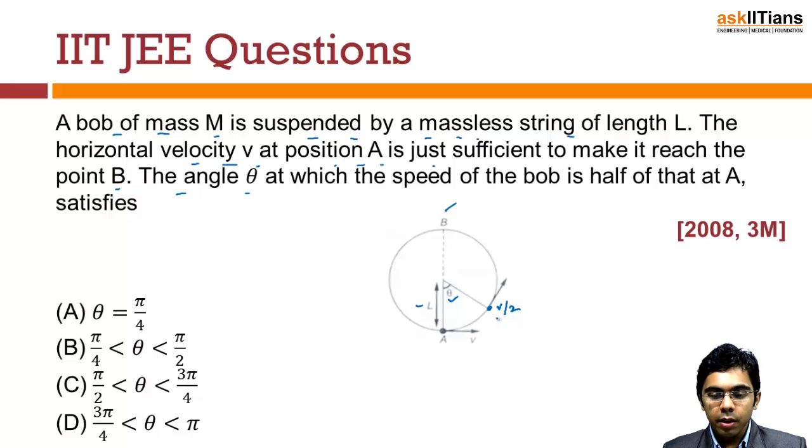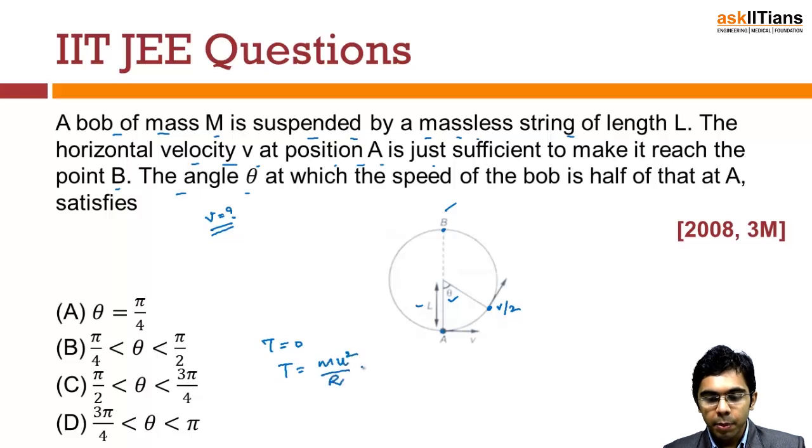So now if we talk about point A and point B, first of all we have to find out what v should be so that it reaches point B. So if we talk about only point A and point B, at point B the tension is equal to 0. We have the formula for the tension, T equals mu square divided by R plus 3mg cos theta minus 2mg.